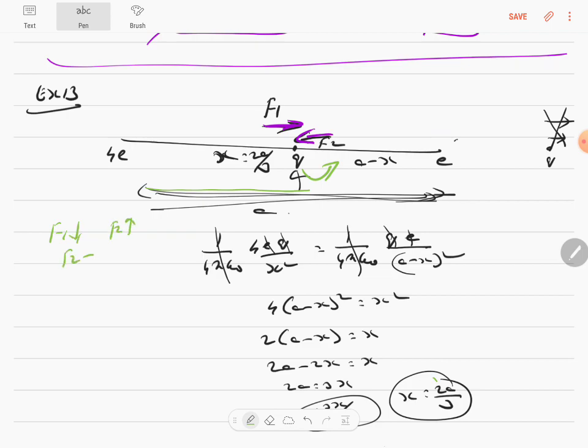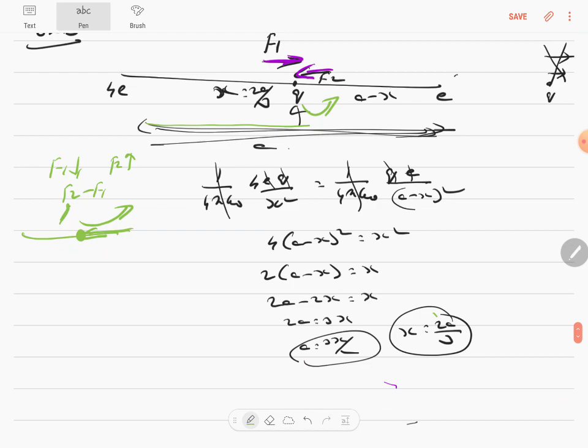F2 minus F1 will be the net force, and F2 is greater, so the net force will be along the direction of F2. Even if it is displaced towards the right, since F2 minus F1 acts towards the left, it will come back to its equilibrium position. That is why this equilibrium is called stable equilibrium.